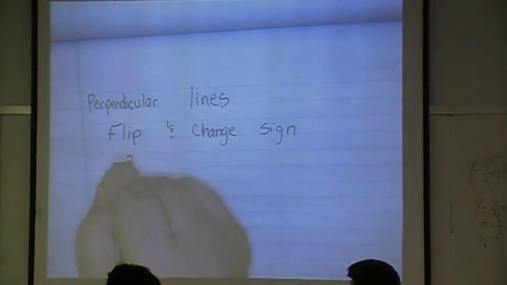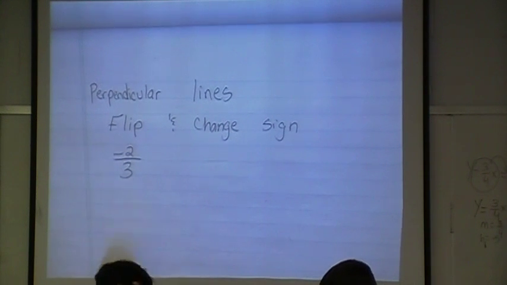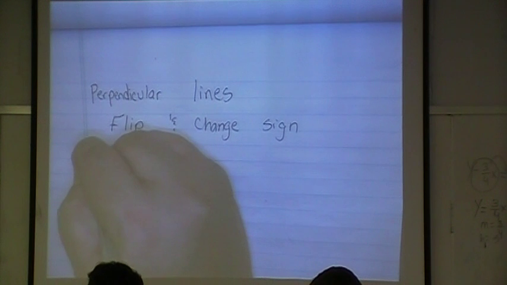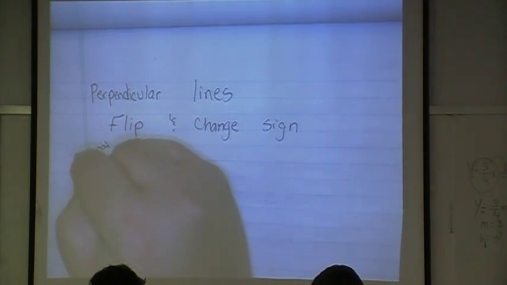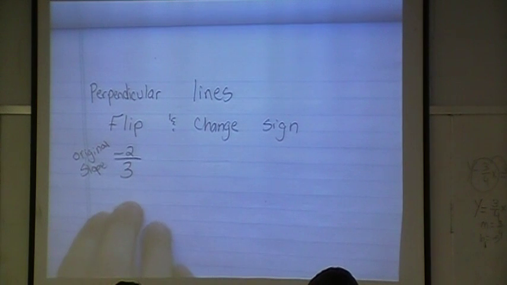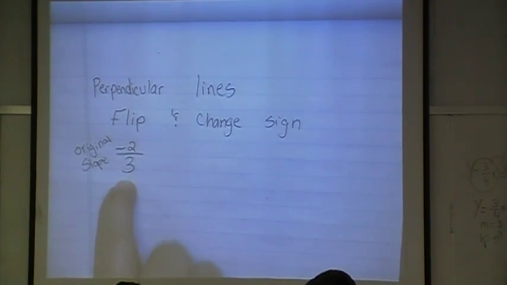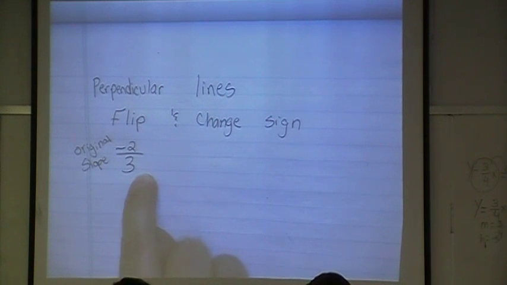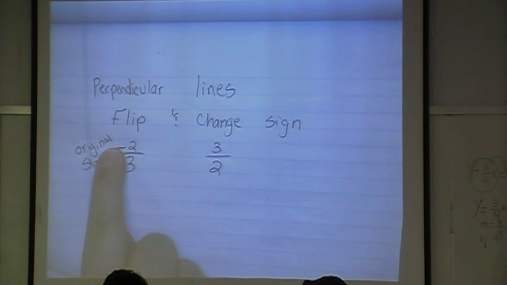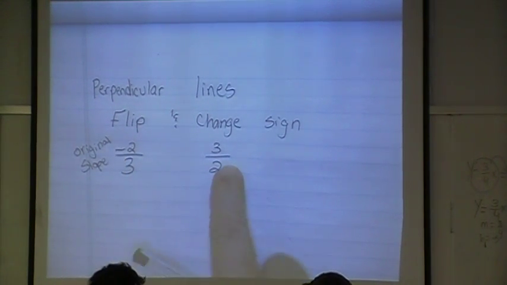For instance, let's say -2/3 is my original slope. This is what I begin with. And they said, hey, we got a line perpendicular to this line. I'm going to take my original slope, flip it upside down, and go from a negative to a positive.